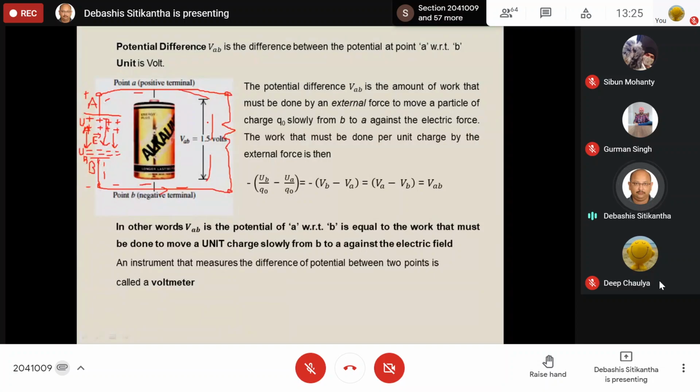So, what is going to happen? These electrons, which are less massive, will start moving from point B towards point A to neutralize, because they always want to have the minimum energy state. That is the universal law.